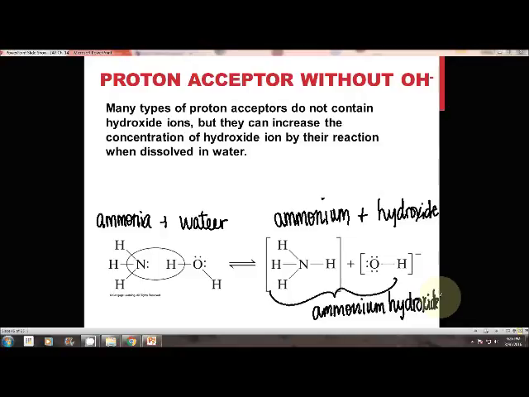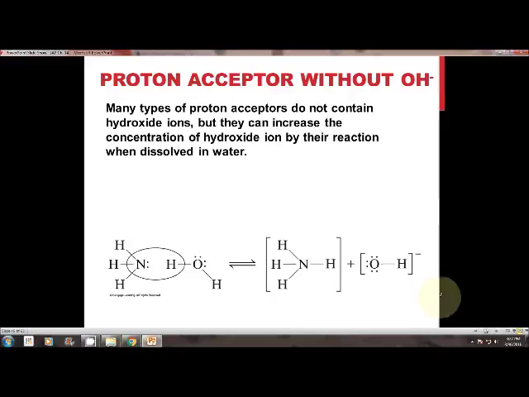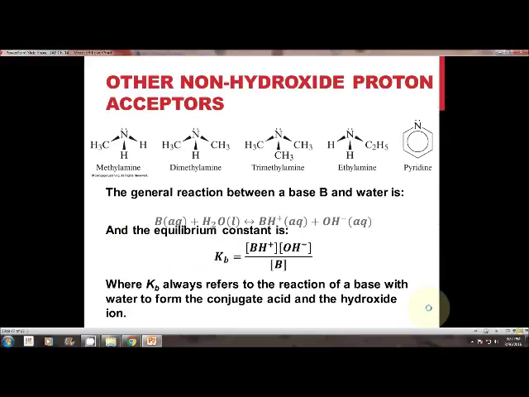So we can create a hydroxide even if it doesn't have an OH within the compound when it is dissolved in water. Other non-hydroxide proton acceptors are all listed here, and you do have pictures of them in your note packet.